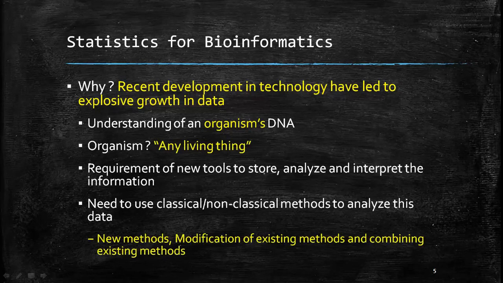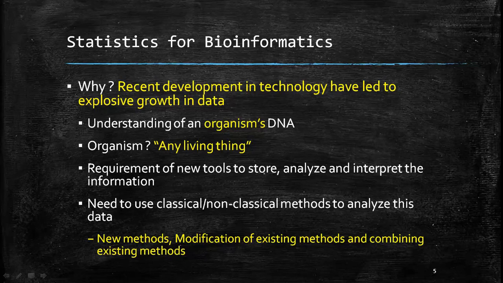As I mentioned at the beginning, recent development in technology has led to explosive growth in data. These data are useful in understanding an organism's DNA. Now, you may be wondering, what is an organism? An organism can be considered as any living thing.